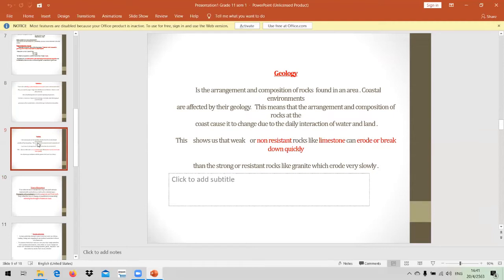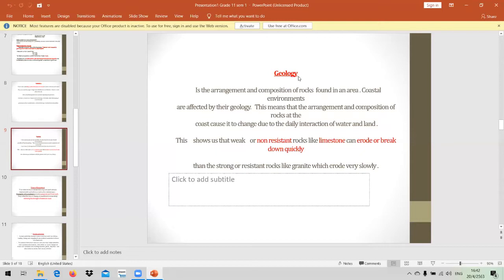Geology refers to the arrangement and composition, how rocks are arranged and how they are composed. Okay, so geology refers to the arrangement and composition of rocks found in an area. Coastal environments are affected by their own geology.